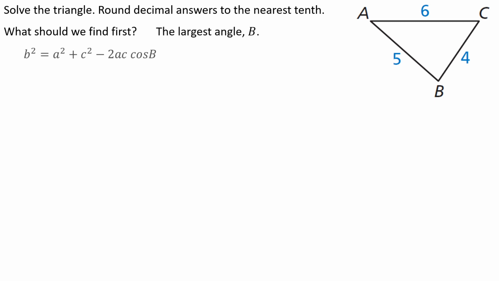So I will need b squared equals a squared plus c squared minus 2ac cosine B. We know lowercase a, b, and c.